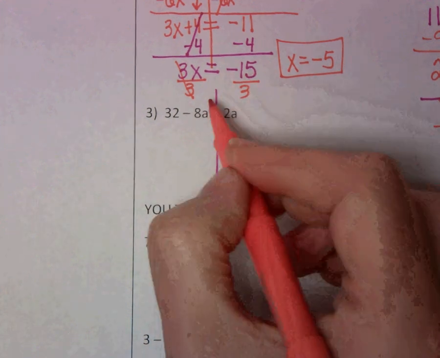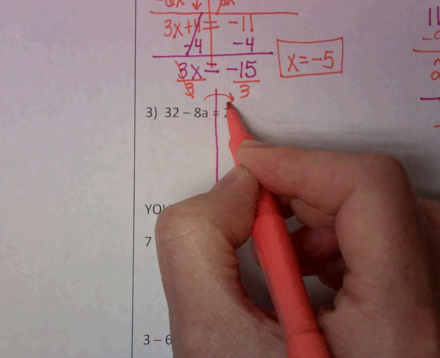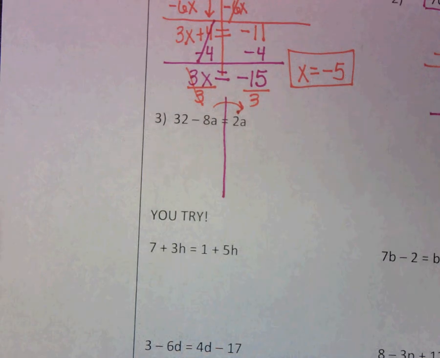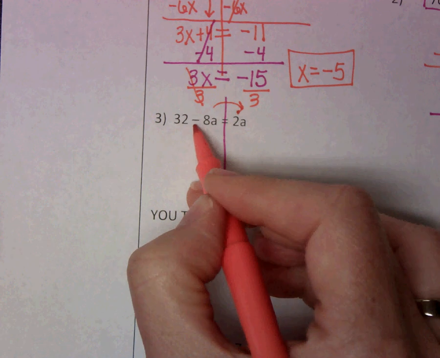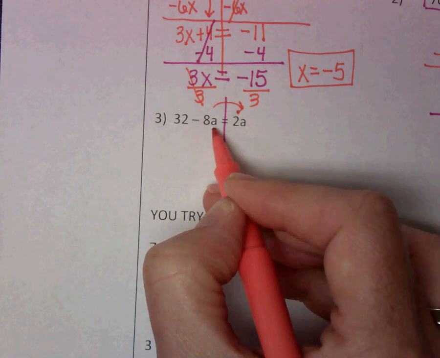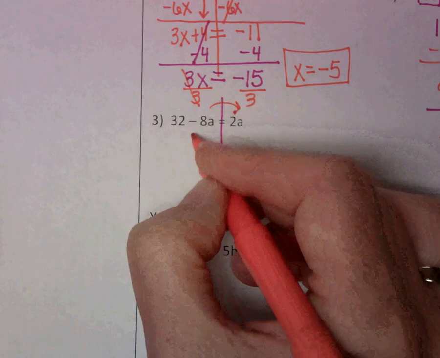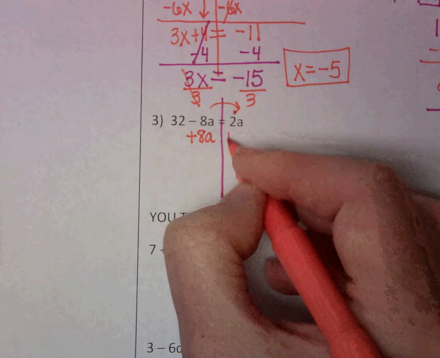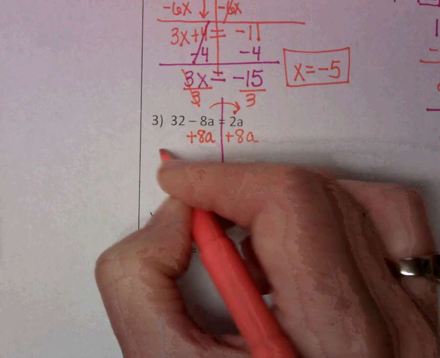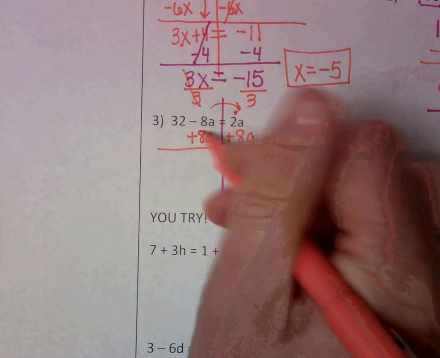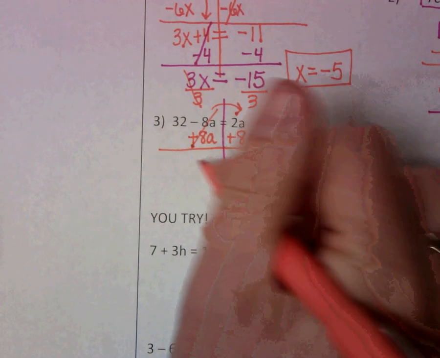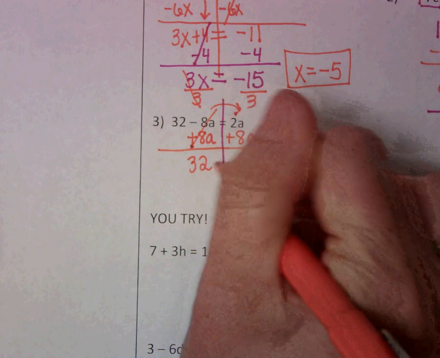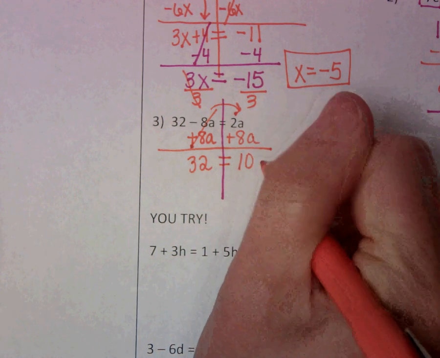We could move our variables to the right. And what I want you to see here is that this is a negative 8a. So to cancel it out, to make it 0, I would add 8a. Okay, that's going to cancel out. That leaves us with 32 equals 10a.